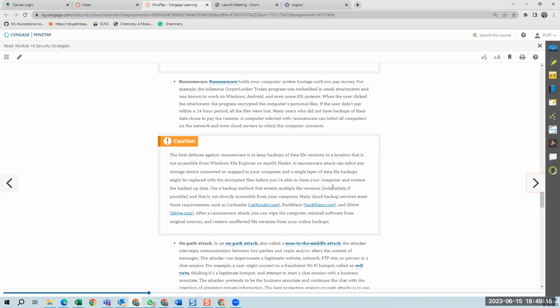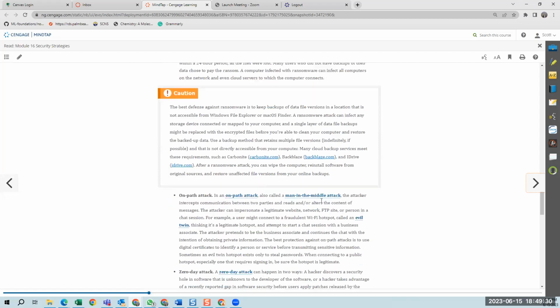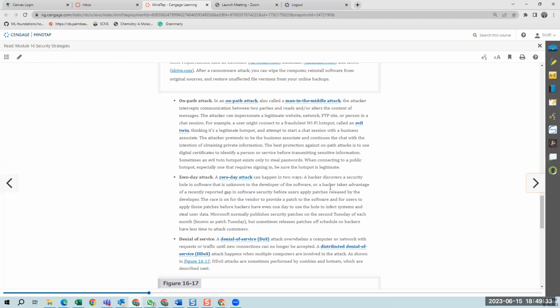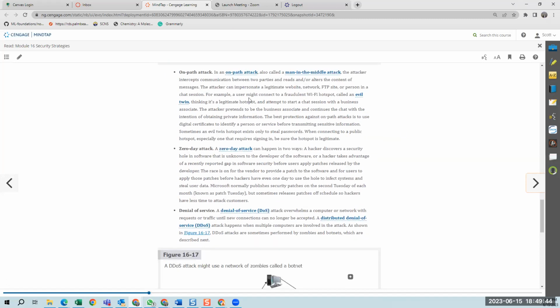Well, that's what creating an image of the hard drive does. That's what the restore points do. They allow us to recover from these bad things. And it depends on how they go about it, what kind of method they attack us. There's different kinds of attacks.